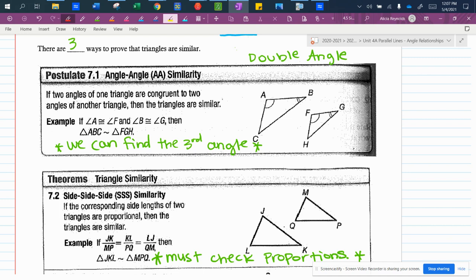Understanding here that this order matters. Triangle ABC is similar to FGH.